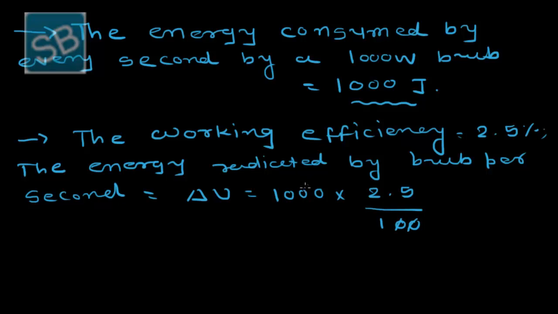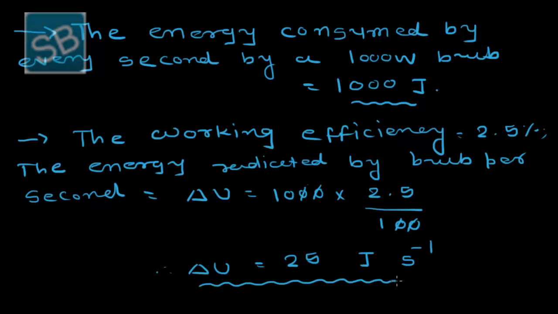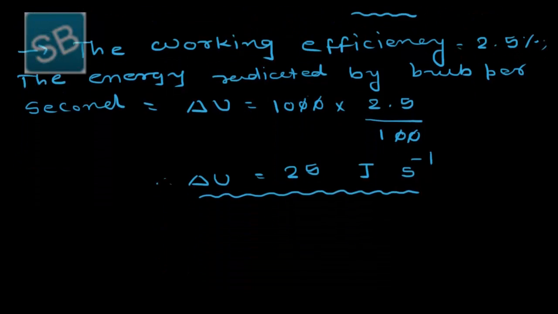So this 0 is cancelled out. That is equal to 25 joule per second. Therefore, delta U is equal to 25 joule per second.